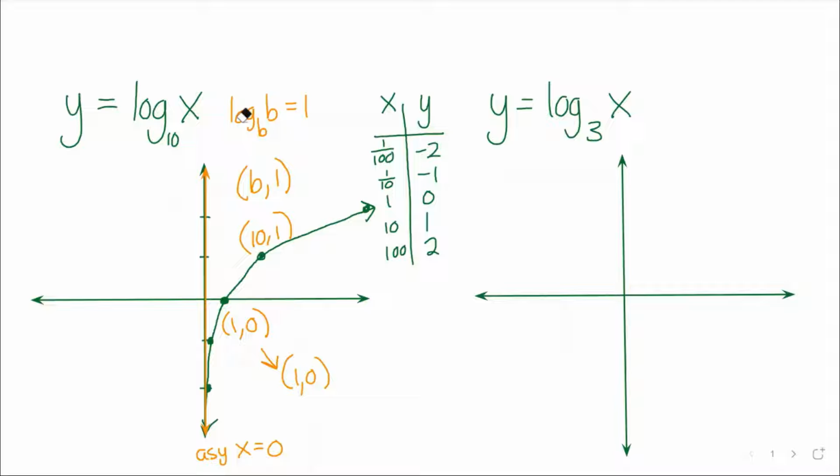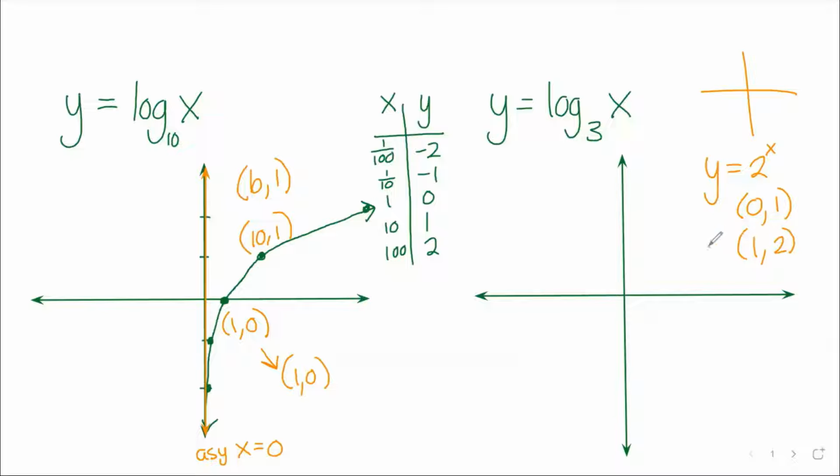So these points should look kind of familiar because they're just the flip of what we had when we were graphing exponential graphs. Just as a quick review, when we were graphing y equals 2 to the x, we said our main points were that when x was 0, y is 1, and when x was 1, y was 2.